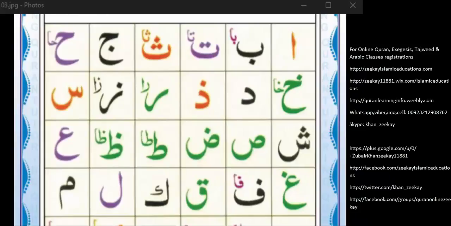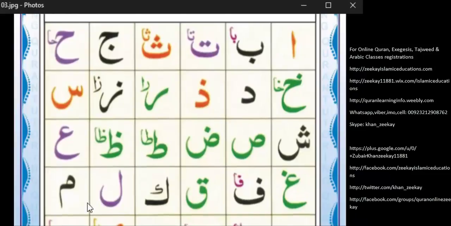Letter Ra was also pronounced by touching the tongue's tip to the upper palate, the point which is joined with the front upper central tooth. Letter Lam and letter Noon are pronounced from the same origin.